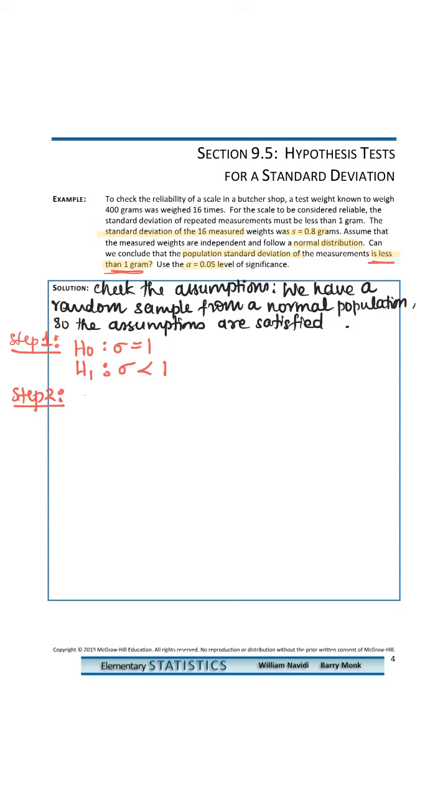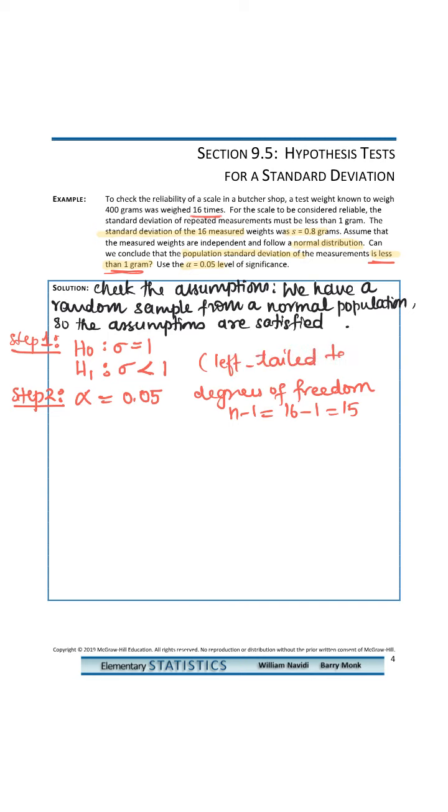Step 2, choose the significance level. The significance level is 0.05 and the degrees of freedom are n minus 1, so 16 minus 1, because you can see 16 times. So 15 degrees of freedom. This is a left tail test because of less than.